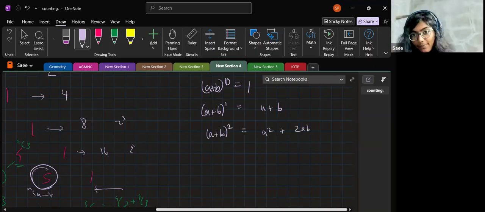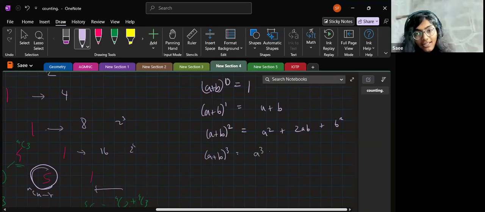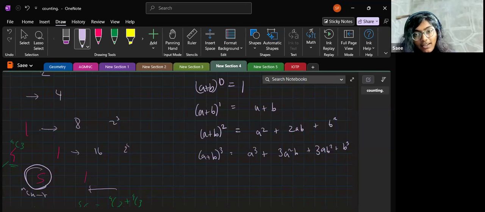Fancy. What is a plus b cubed? A cubed plus 3a squared b plus 3ab squared plus b cubed. Now what Sanskar is saying is that these numbers that are coming up are not arbitrary.